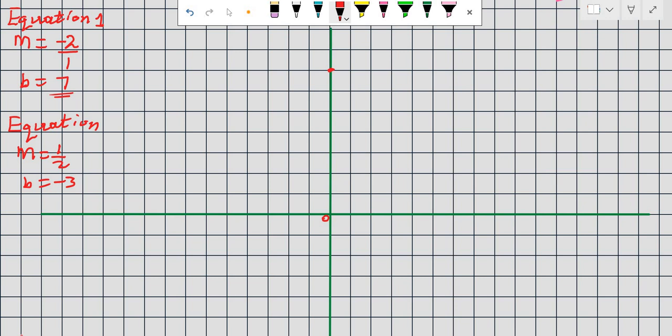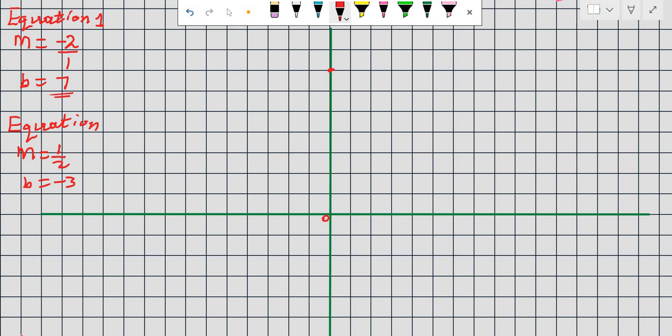So from the y-intercept, we can now go back to the slope. The slope, we have negative 2/1. So the numerator is negative 2. When it is negative, then from the y-intercept, you count downward along the y-axis. But when it is positive, you count upward along the y-axis.